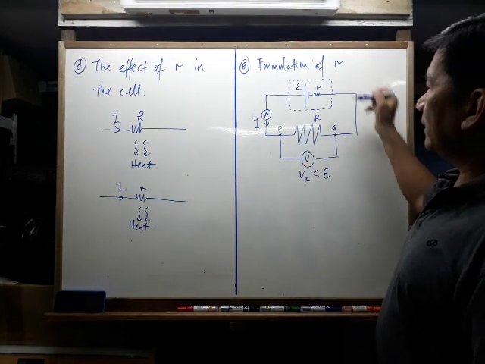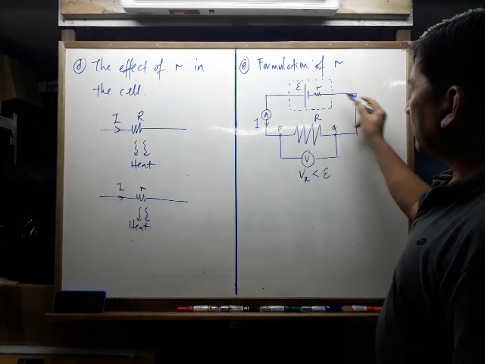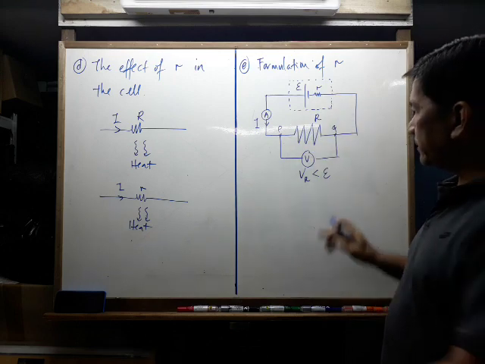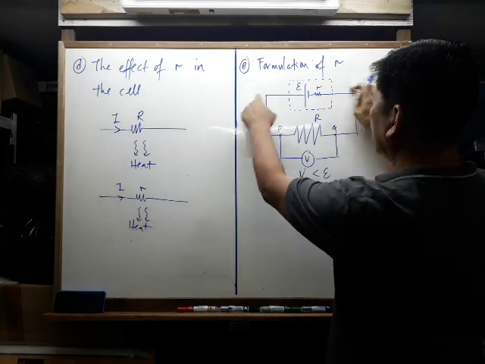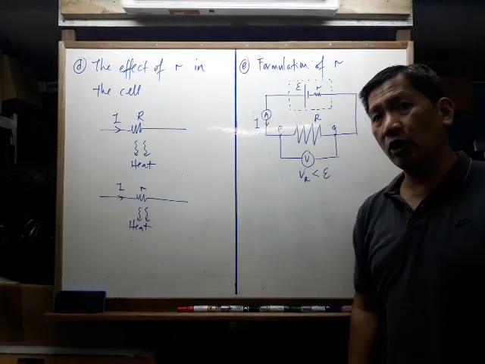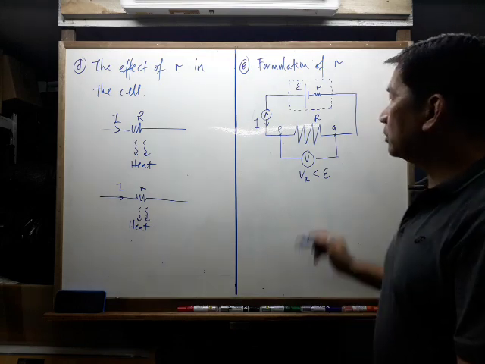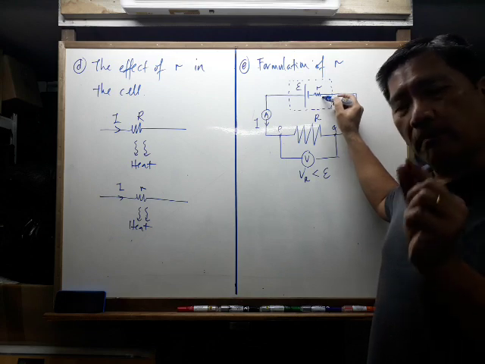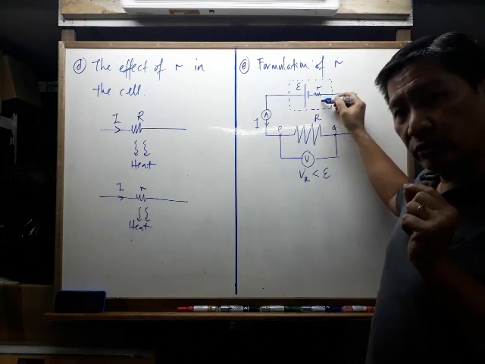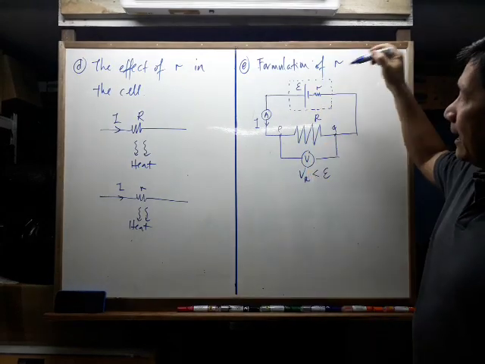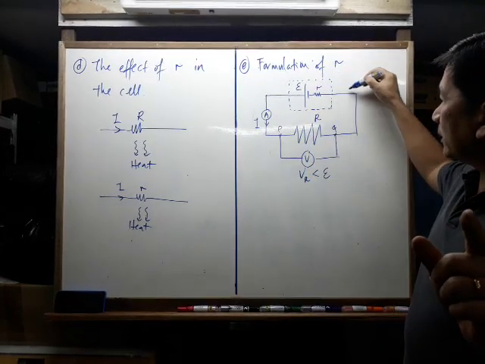So since we cannot take it out, normally when we connect the external resistor to the cell, that is what we get. We assume that since this one is also connected directly to the cell, their values are supposed to be the same, but they are not. Okay, the reason is very simple. Internal resistance actually absorbs part of the voltage. So to understand that, we have to redraw the diagram by theoretically taking this one out.